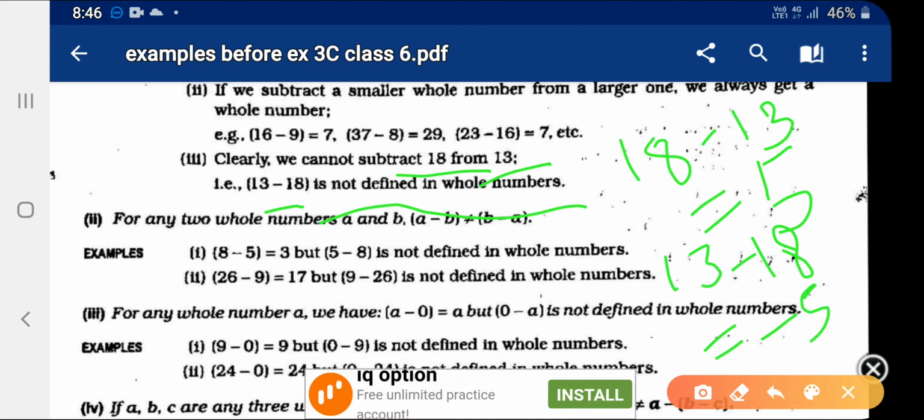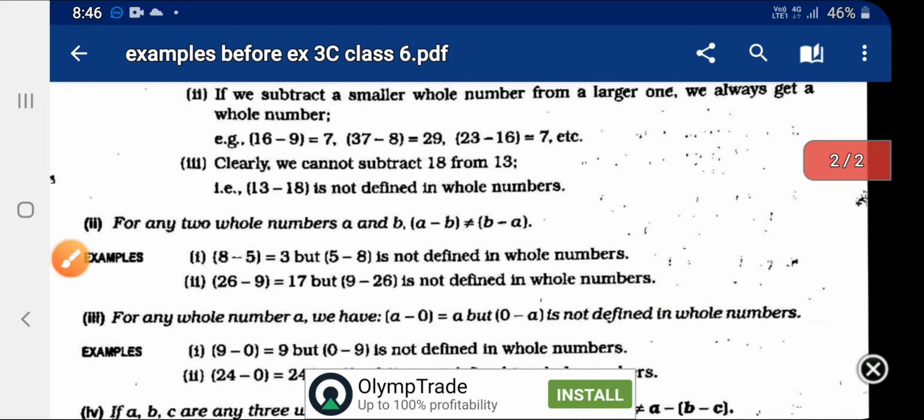You'll learn it in higher classes. Just remember, you have to subtract lower from greater only. You just put a minus sign to show that you have subtracted a greater number from a smaller number. Okay, let's come to the next point.